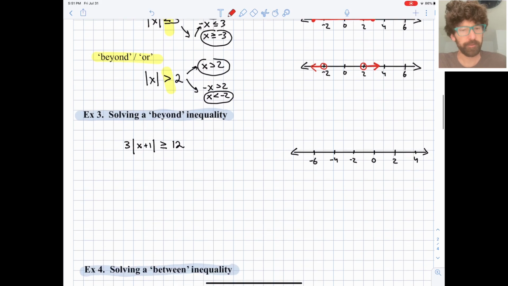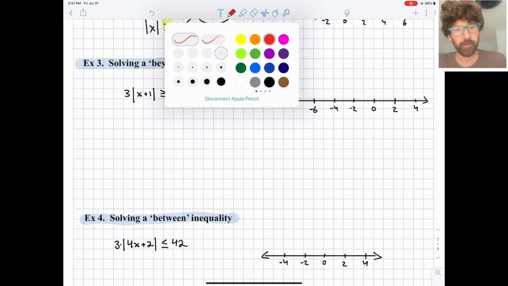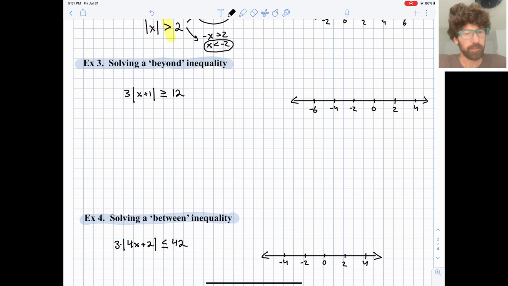Let's go ahead and solve one. Okay, so we have here an inequality where we could divide by 3 first. And we could start our double pathway. So we have x plus 1 is greater than or equal to 4, or a negative sign could have been removed.